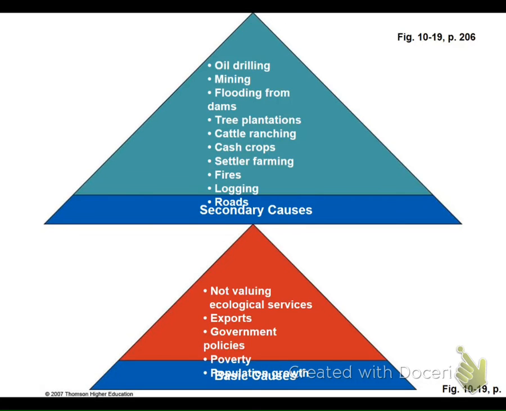And so what's here, what can we do? Deforestation causes the things we can do. The top one is some of the reasons why we want to do deforestation. We want oil drilling, mining, flooding from dams. For example, Three Gorges Dam in China, 4 million people were displaced.